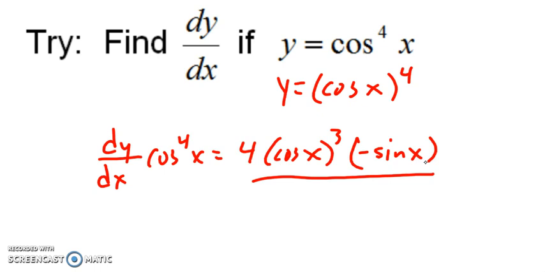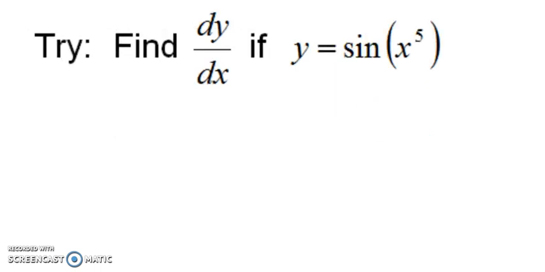Okay, so now I want you to think about the difference between this, where cosine is the inside function, and our next example here. In this case, the inside function is x to the 5th. The outside function is sine of x. That's the outside portion of it.